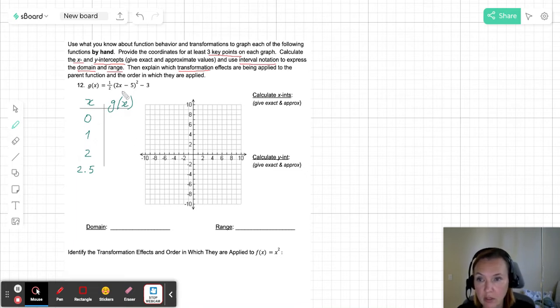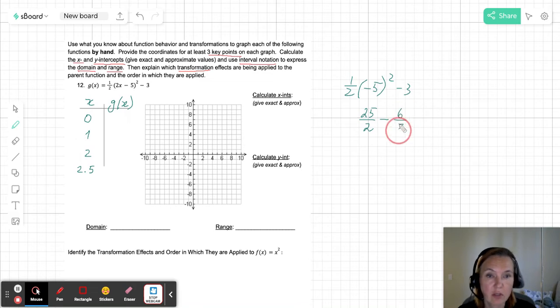So let's start with x equals 0. If you plug in 0 in here, you just have 1/2 times -5 quantity squared minus 3. -5 squared, that's going to give you 25. 25 times 1/2, that's 25 over 2. And then you're subtracting 3, which can be written as 6 over 2. 25 minus 6, that is 19 over 2, which is 9.5, right?